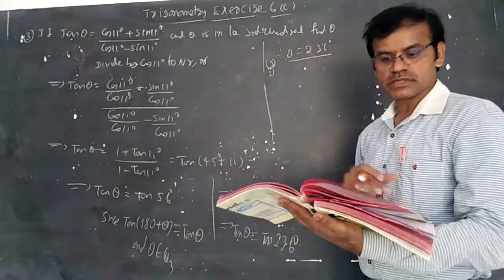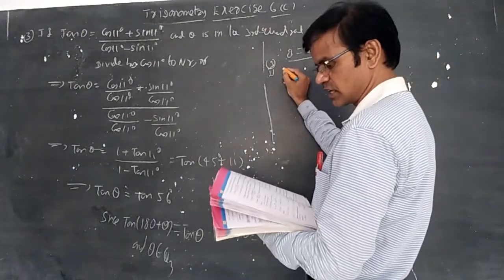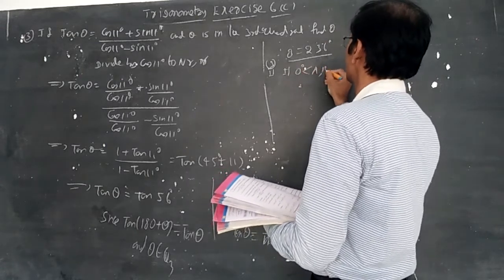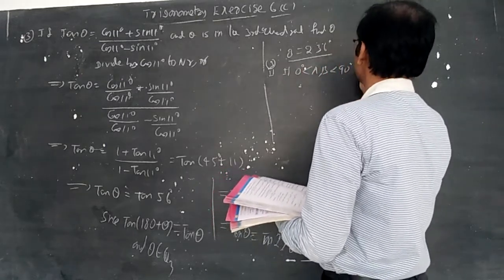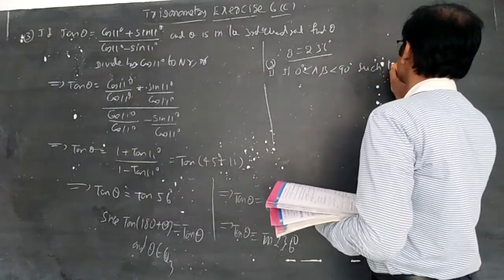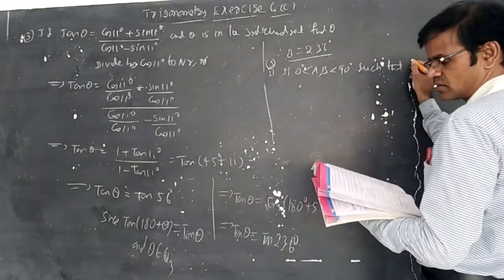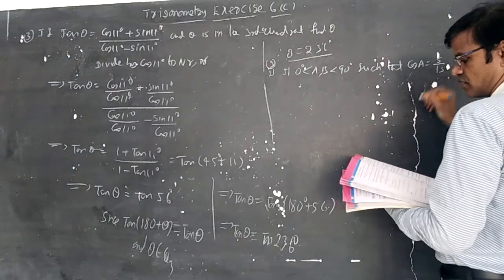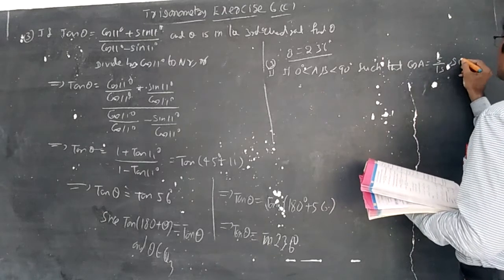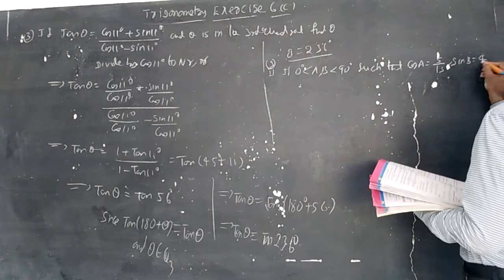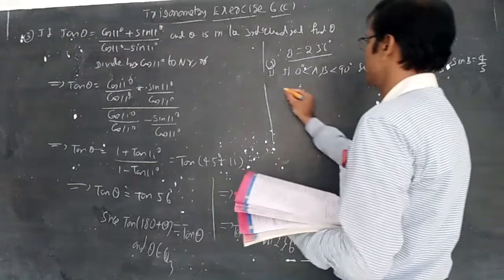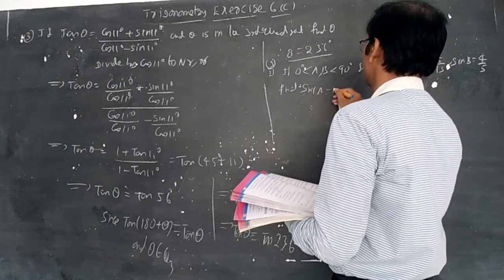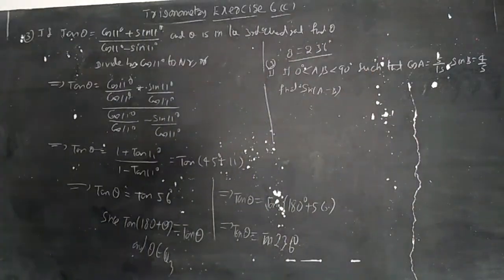If 0 degrees is less than a, b, which are less than 90 degrees, such that cos a is equal to 5 by 13, sin b is equal to 4 by 5, find the value of sin of a minus b.